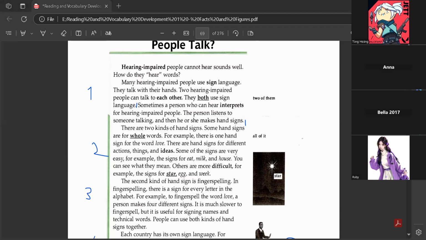Okay, so like if you go outside and you see someone who is hearing impaired, how do you know that they're hearing impaired?